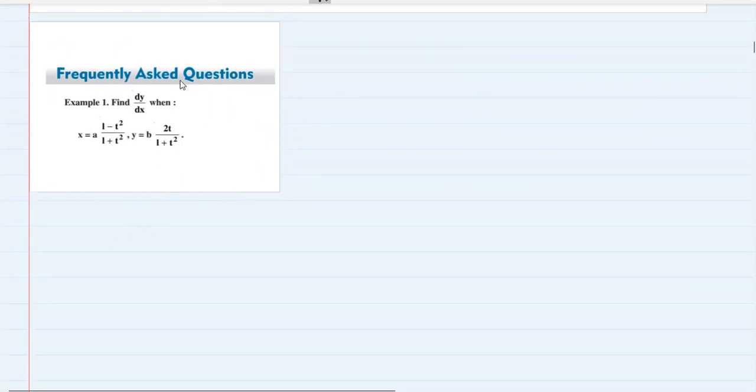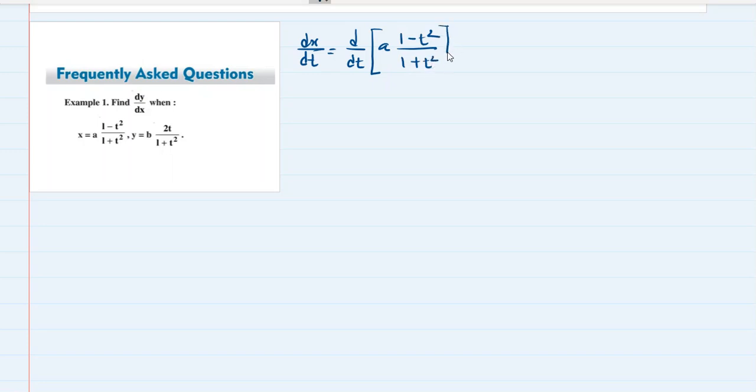Okay, so we have, as you can see, x and y, two equations in terms of t, and you have to find dy by dx. So basically first I'm going to differentiate x with respect to t and find dx by dt. So dx by dt is equal to d by dt of a multiplied by 1 minus t square upon 1 plus t square, right?